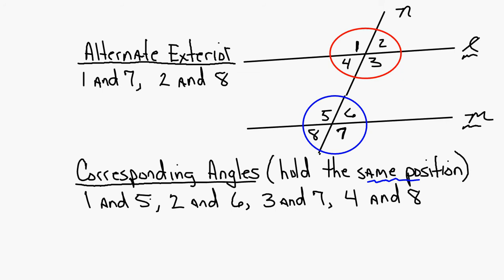Is that making sense to you guys somewhat, some way, somehow? A little bit? Yeah. Now, of course, the first thing the book will do is change the positions of the lines, and they'll make the transversal more vertical.